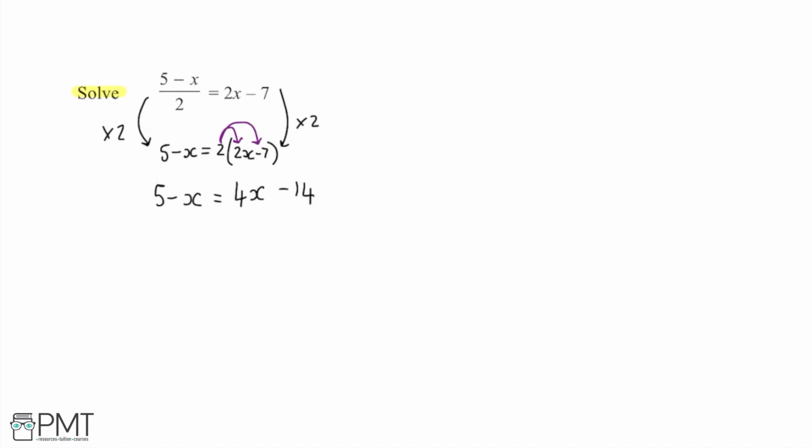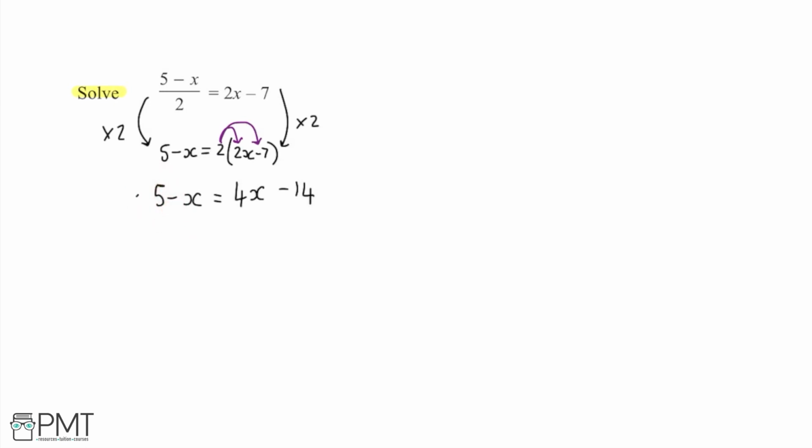So I now want to get all of my x terms onto one side and all of my numerical values onto the other side so that I can calculate a value for x. If I want to collect my x terms together, I have a negative x on this side, so if I were to add an x to this side, I would end up with just 5 left over.